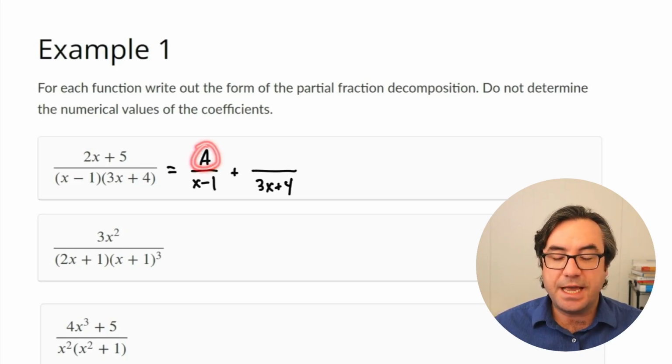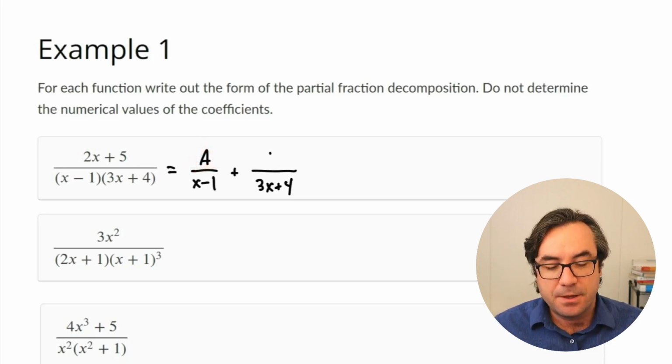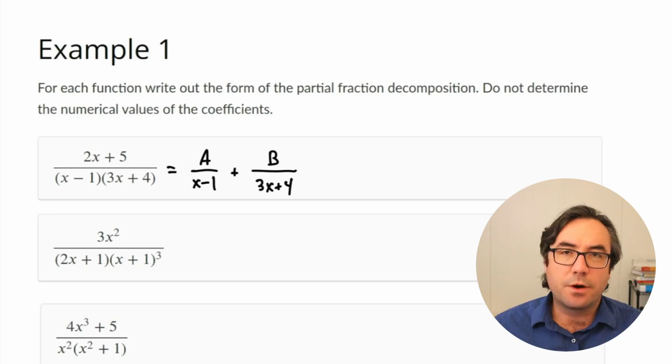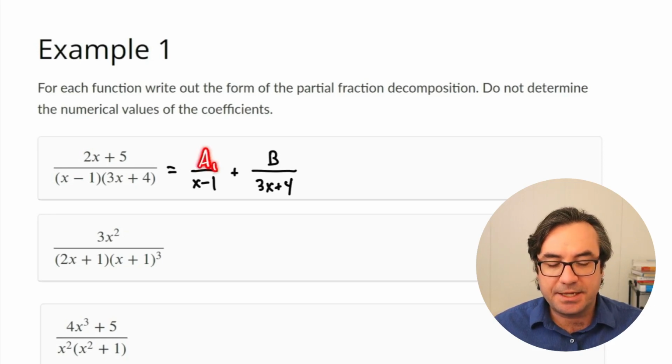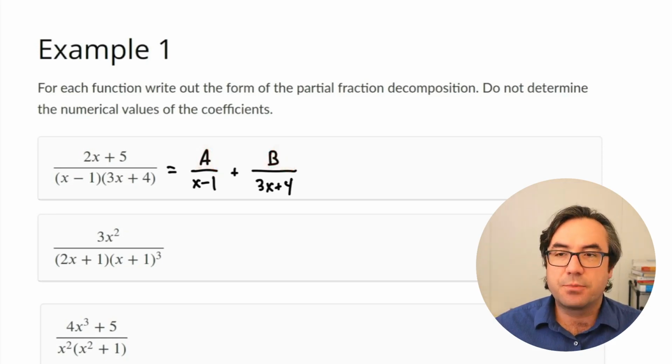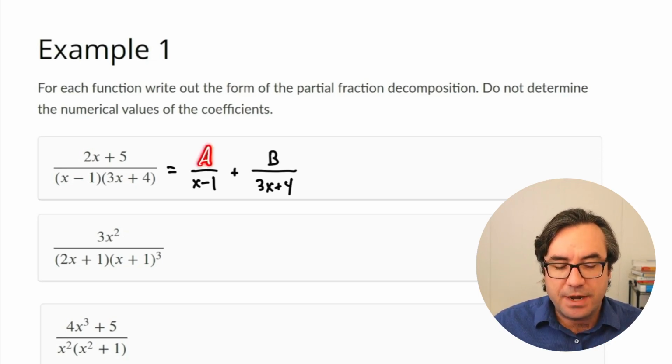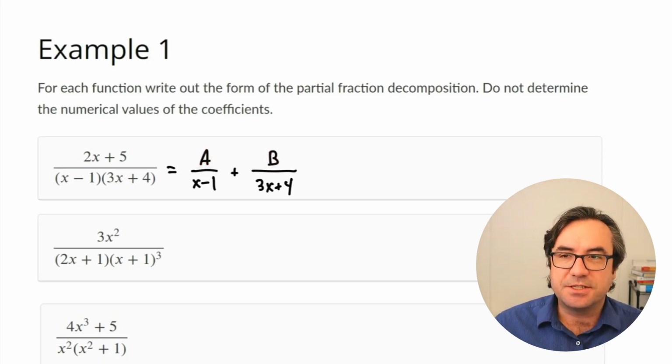Now we don't want to use A again because A is already used in the first fraction, so we'll just use B. Or if you want, you could use A sub 1 and then A sub 2. Perfectly fine to do that. But for the ones we're going to be working with, you're not going to have too many terms, so just going down the alphabet works just as nicely.